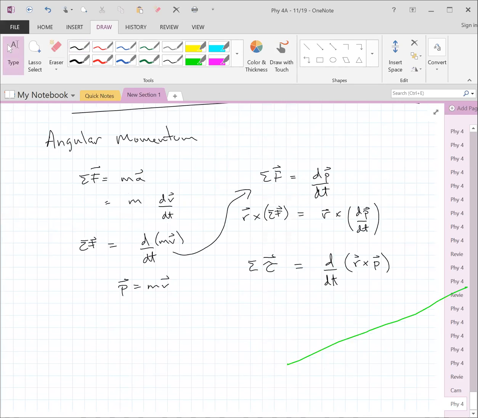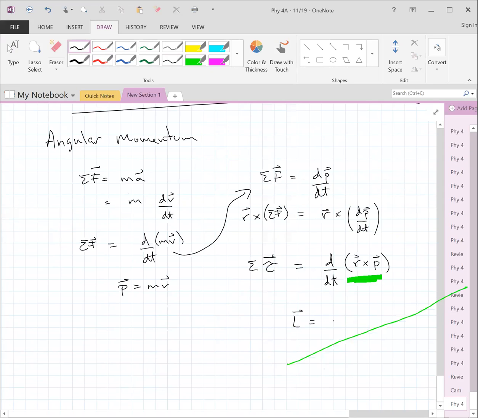And so there's something special about this quantity, r cross p. When the net torque is 0, that quantity is conserved. It does not change in time. So we give it a special name, L, angular momentum.